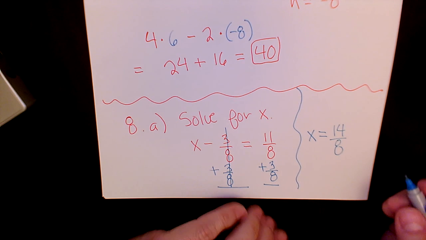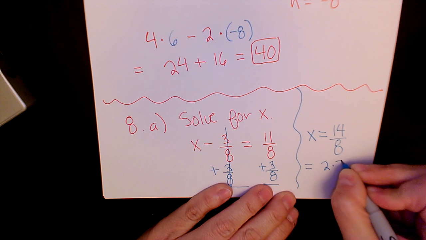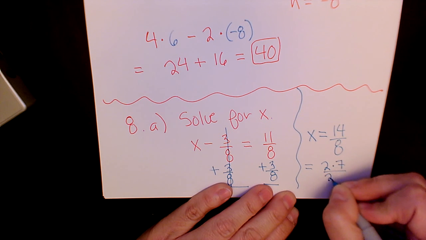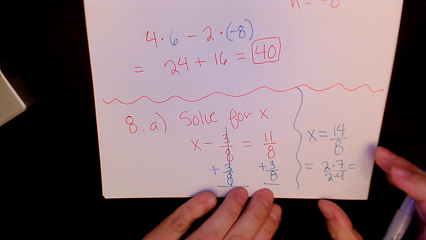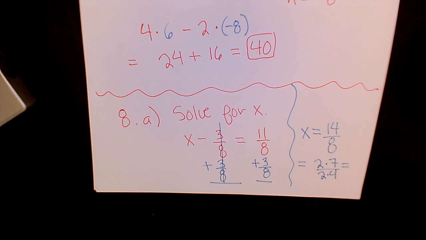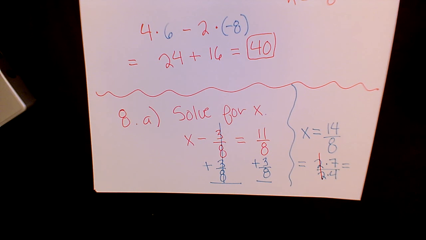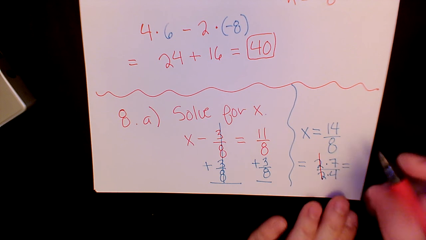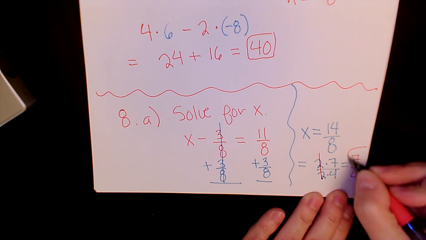I'm going to reduce that. Two times 7 is 14, and 2 times 4 is 8, so I can cancel my 2's out, and my final answer is 7/4.